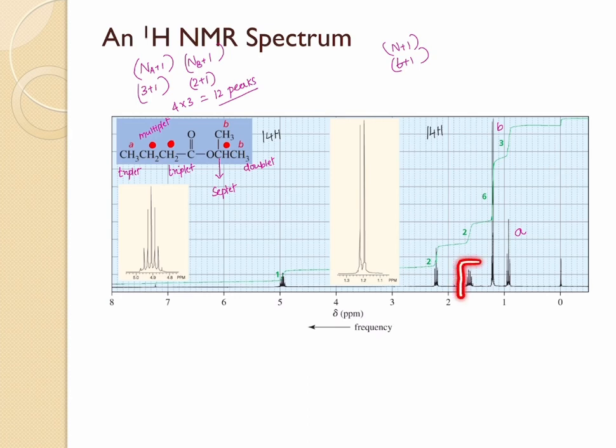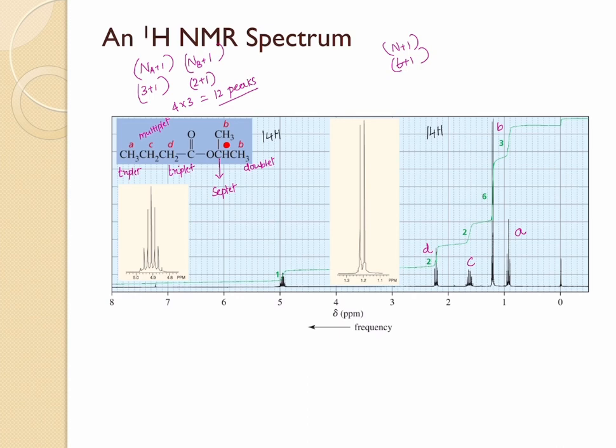Yes, the next signal is a multiplet, which corresponds to a total of 2 hydrogens. So this is going to be our C protons. And then the next CH2 will be split as a triplet, which corresponds to a total of 2 hydrogens, and therefore this is going to be our D protons.